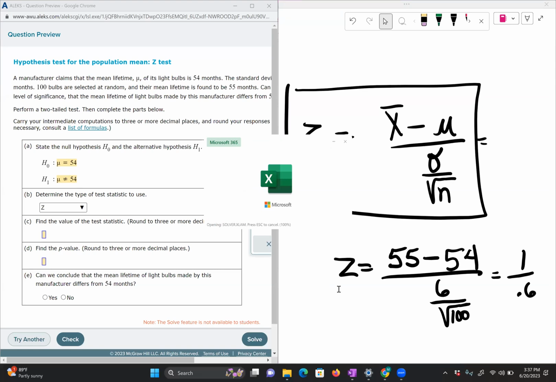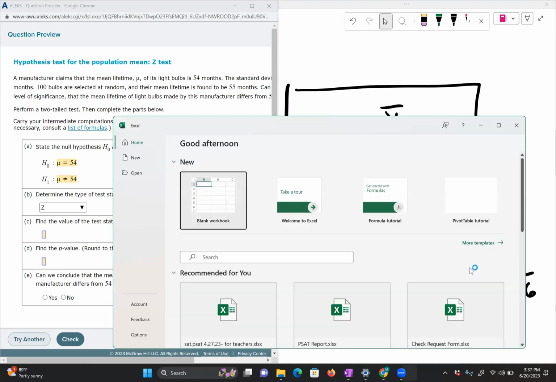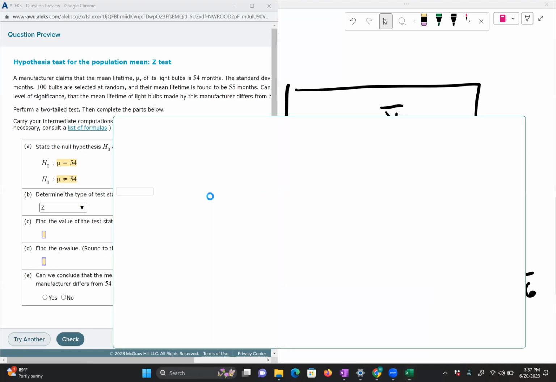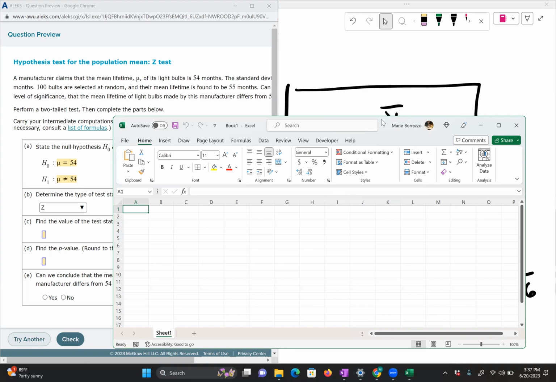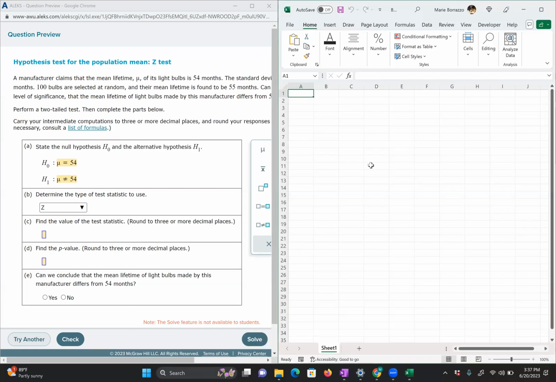And I'm going to try and find you a calculator as well, so you can use that as a tool. But first we're going to do this the long way. So we're going to start with the sample mean. Let's do the population mean, because that's given to us.